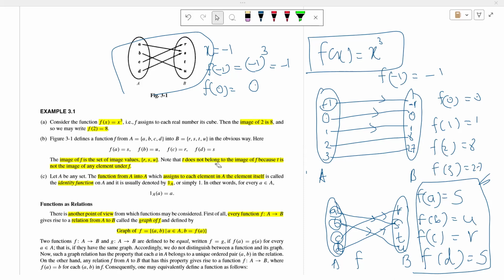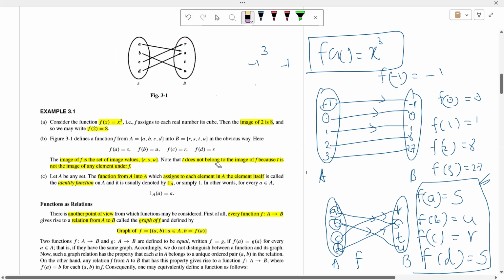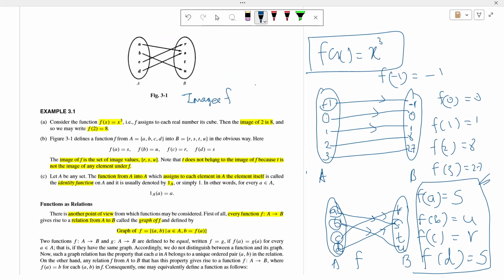If you look at this diagram, can you tell me what the images are here? Can you tell me the images of this function f? We cannot write all 4. Images means the codomain elements that have a relation with domain elements; they are considered.